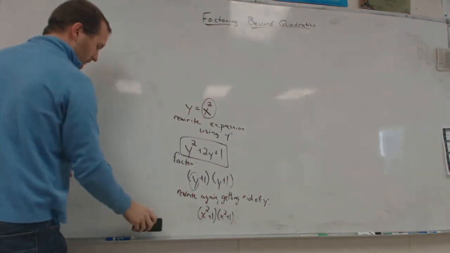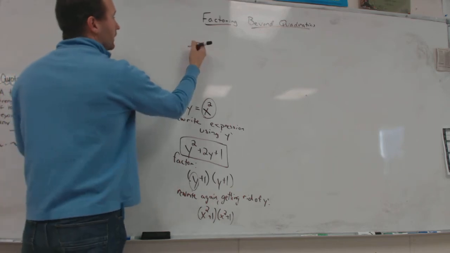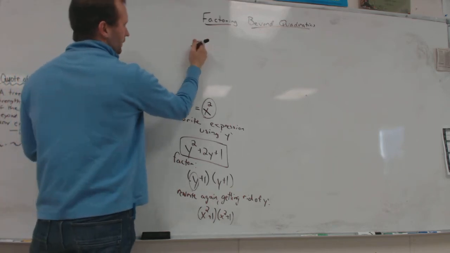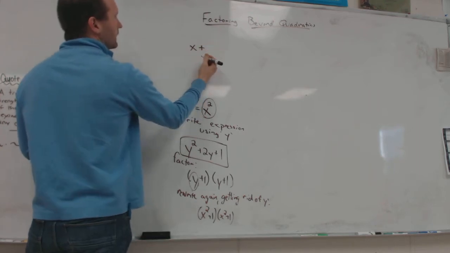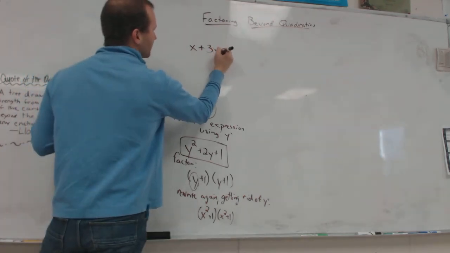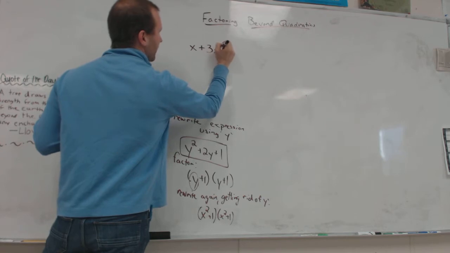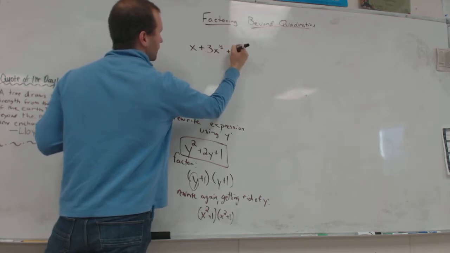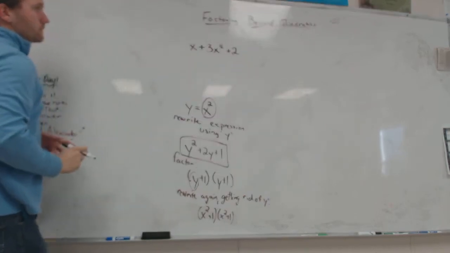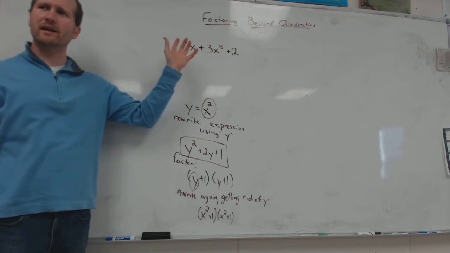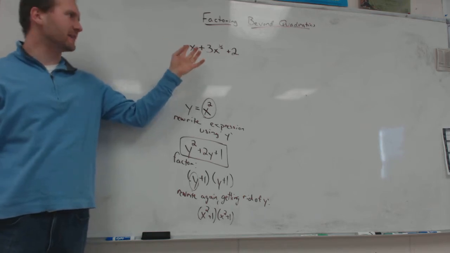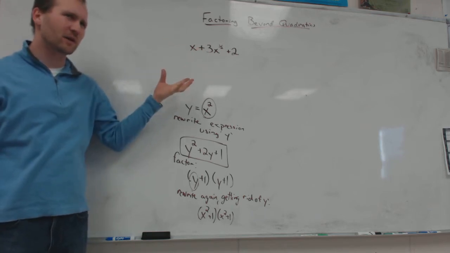What if I had something like this? This one's going to be a little weird, but x plus 3x to the 1/2 plus 2. So again, this is weird. This doesn't look like something that we've been factoring. It has an x. It has no x squared.